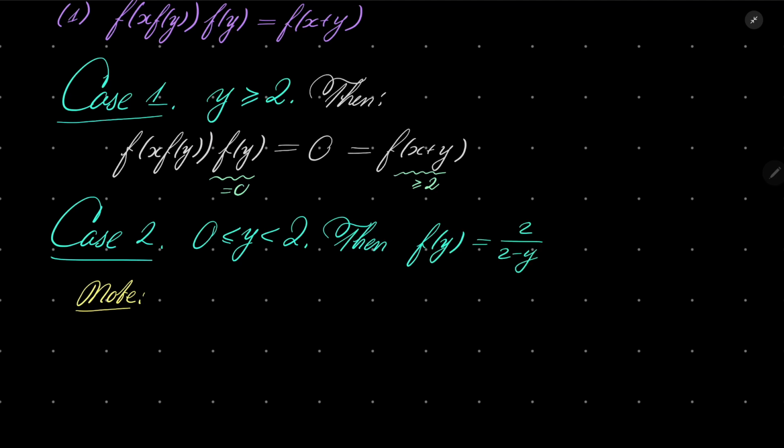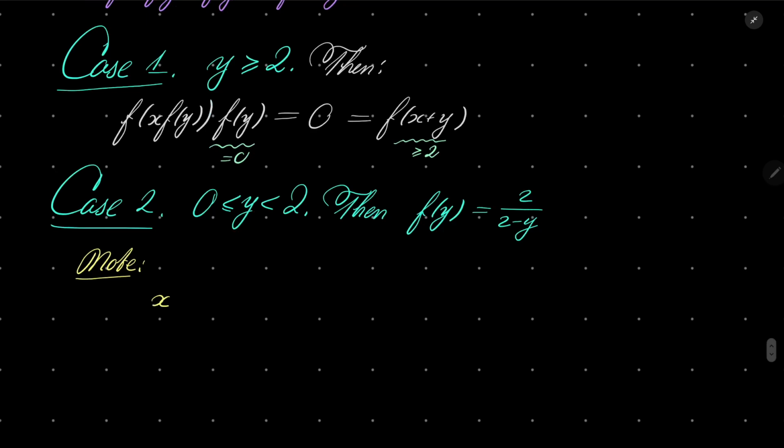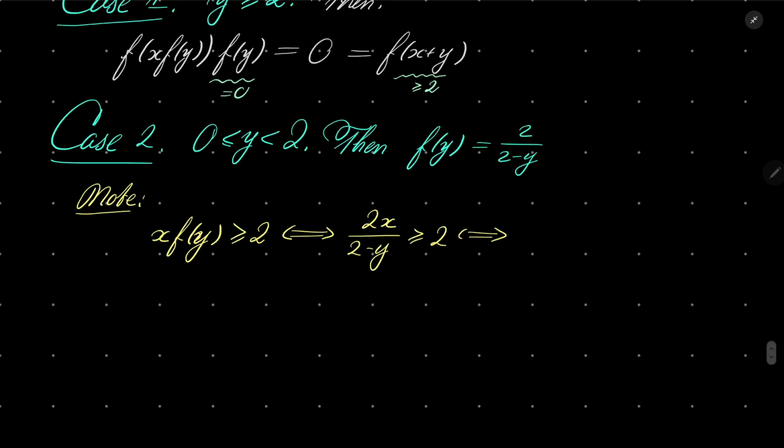X times f of y is greater than or equal to 2, it's equivalent to saying that 2x over 2 minus y is greater than or equal to 2, and after multiplication, it's equivalent to saying that 2x is greater than or equal to 4 minus 2y, which is equivalent to saying that x plus y is greater than or equal to 2.